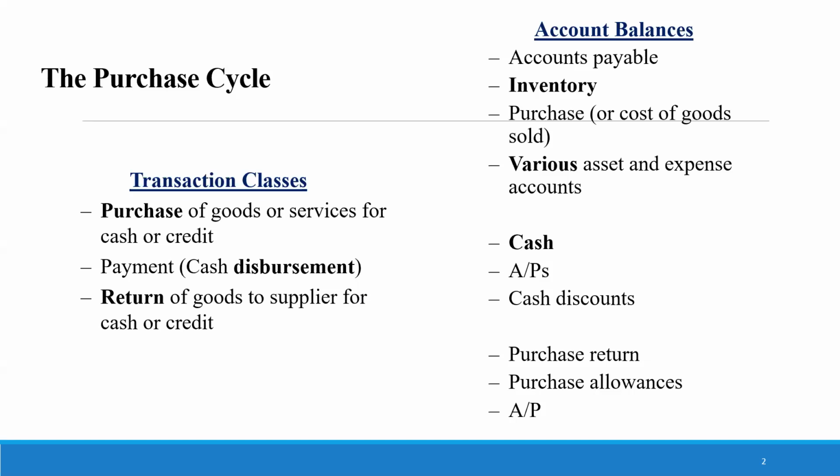Debit accounts payable, credit purchase return. So you return the goods, also debit accounts payable. Okay, or maybe debit cash and credit accounts payable.